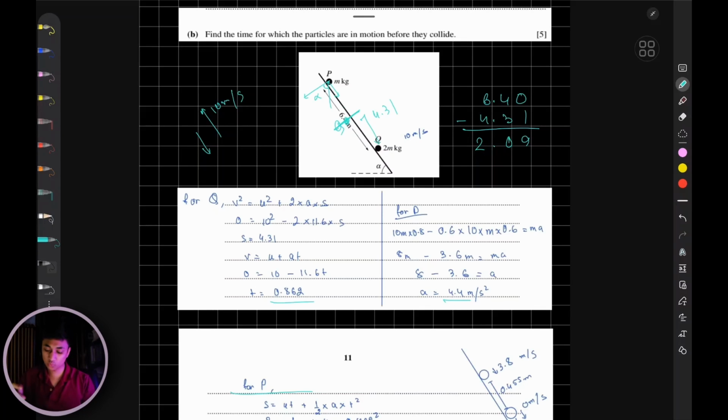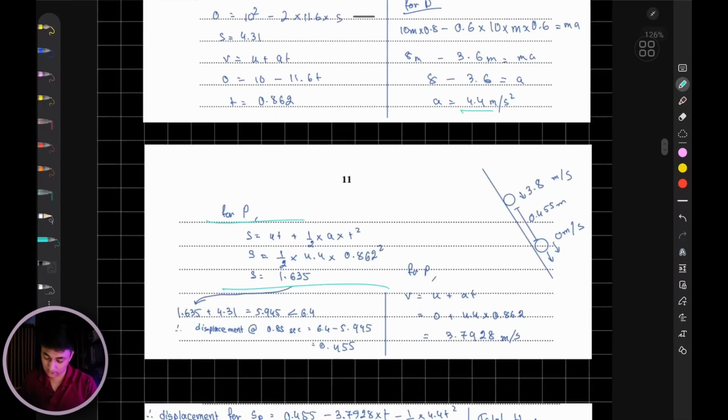So I'm going to find out within this time, this T, what is P's displacement? Let's find that out. So S equals ut, the initial velocity u is 0 because it's dropped from rest, so 0 plus half times a, the acceleration you just found, 4.4, times t squared.